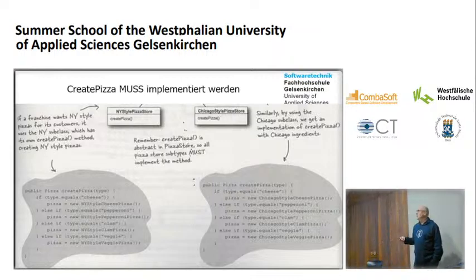Same as here in the Chicago style pizza store, we have a create pizza method. And here it is exactly the same, with one difference: we create Chicago style cheese pizza, Chicago style pepperoni pizza, Chicago style clam pizza. So at the end, we have two implementations of the create pizza method, one for New York and one for Chicago, and both are working.